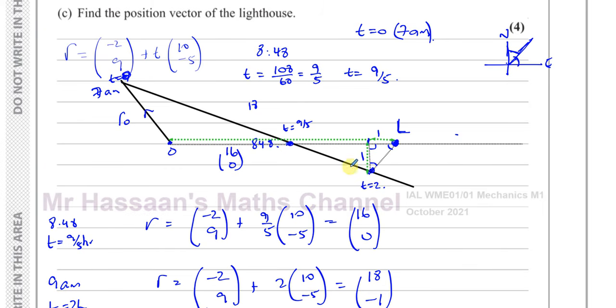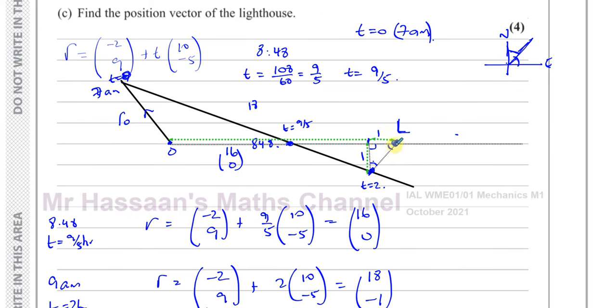So the lighthouse is going to be exactly along this line, and at t equals 2 hours, the lighthouse is spotted to be exactly northeast of the boat. So the angle between the vertical and this line is 45 degrees. We know that the vector when t equals 2 is (18, -1). That means the line going from here to here must be (1, 1), 1 up and 1 across.